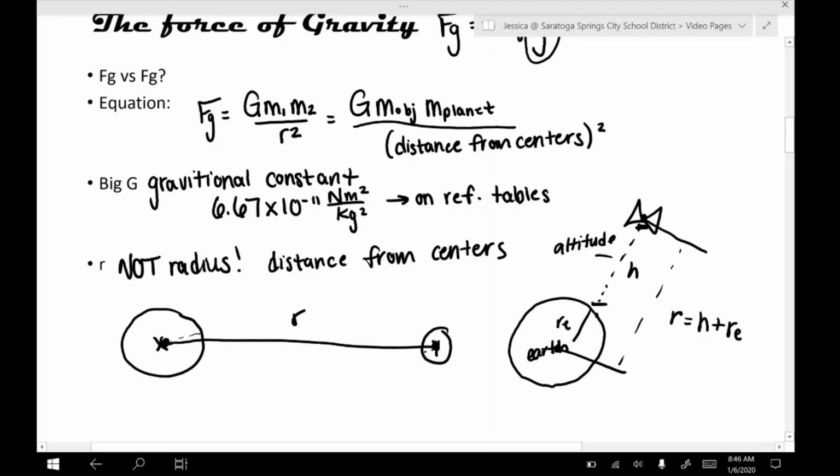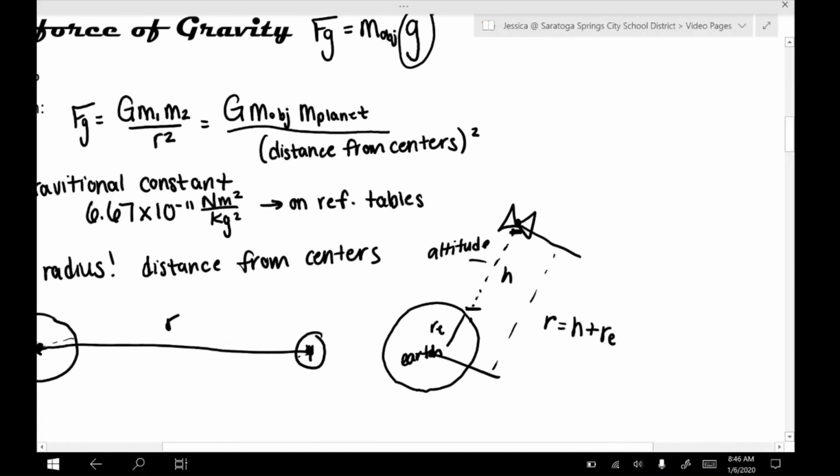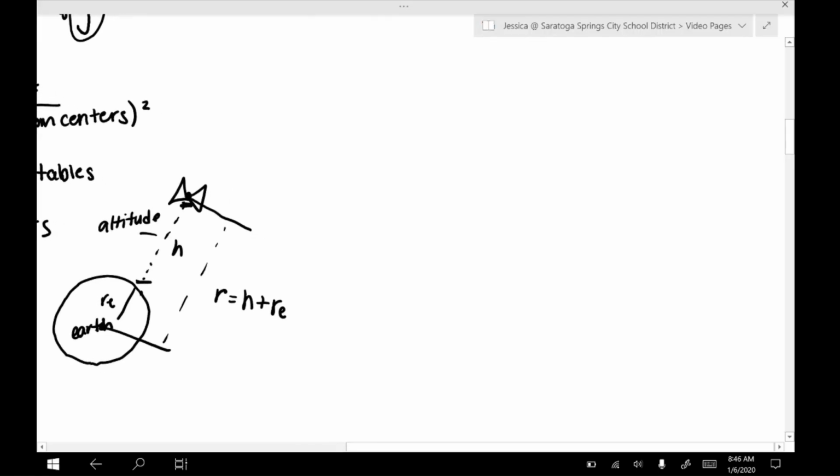Okay, so let's talk about how the AP exam really likes to use this equation, because substituting in actual numbers to this equation is kind of annoying. So the way that AP loves to use the equation is they'll say, okay, you have some planet M and some satellite above planet M at a distance r.